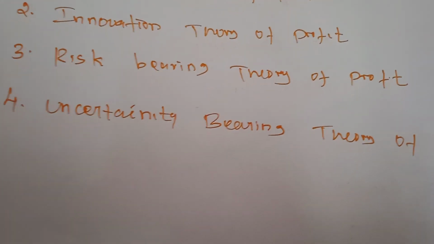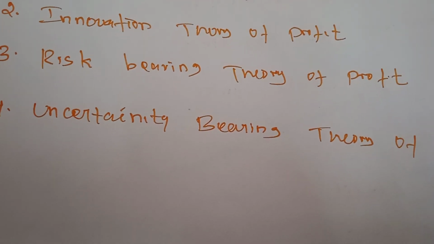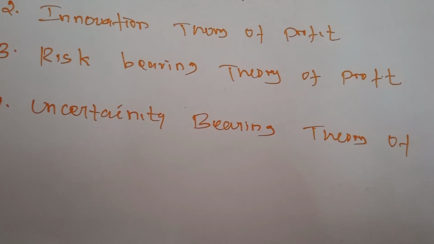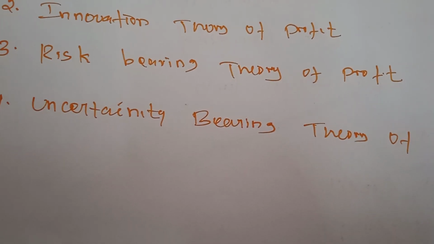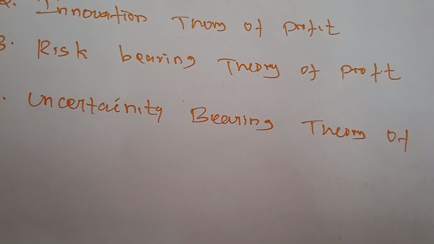According to Knight, profit does not arise on account of risk taking, because the entrepreneur can guard himself against a risk by taking a suitable insurance policy. But uncertain events cannot be guarded against that way.